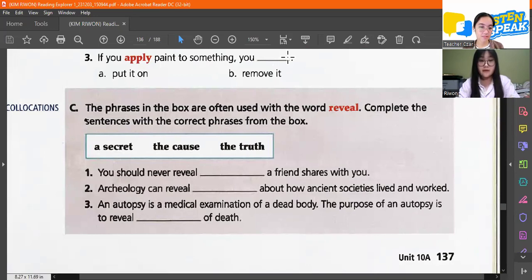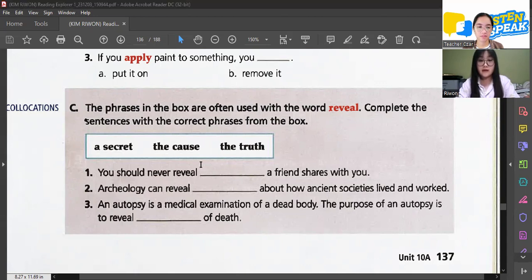You should never reveal a secret a friend shares with you. Okay, a secret. Archaeology can reveal the truth about how ancient societies lived and worked.